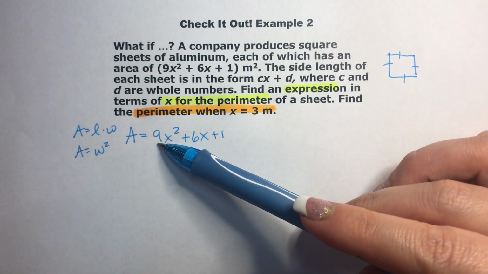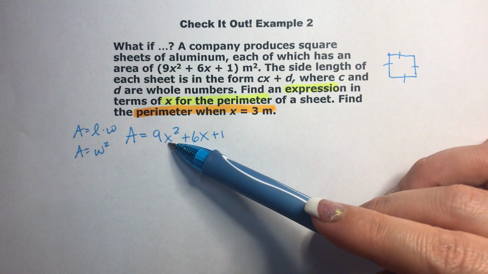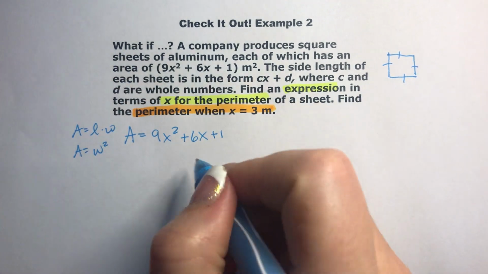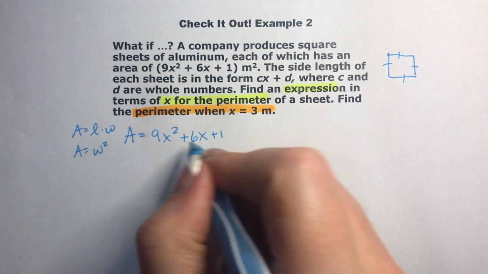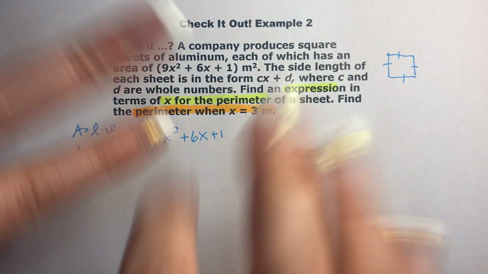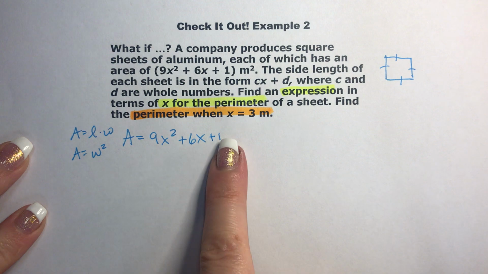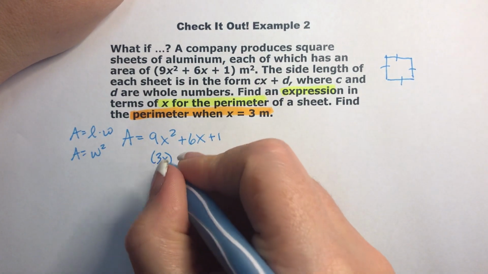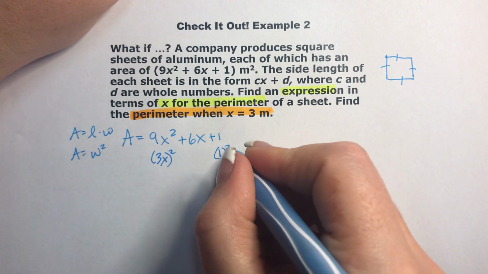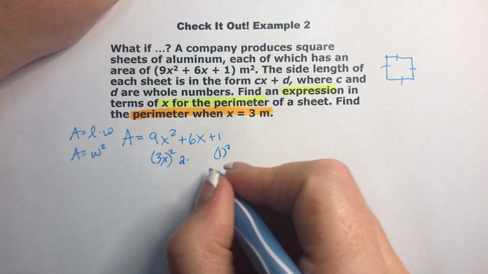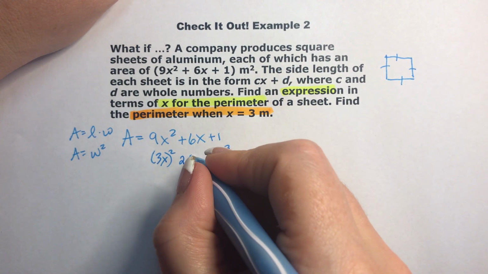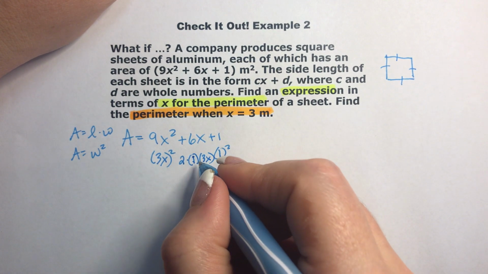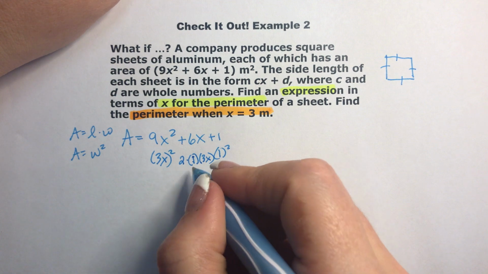What I notice here is that 9 is a squared number, x squared is a squared number, and 1 is also a squared number. So I just need to figure out if this is a perfect square trinomial, because my red flags are going off: hey, squared numbers, it might be a perfect square trinomial. So I know that this is 3x squared, and I know that this is 1 squared. So this middle term just has to be 2 times one of these and one of those. 2 times 1 is 2, 2 times 3x is 6x.